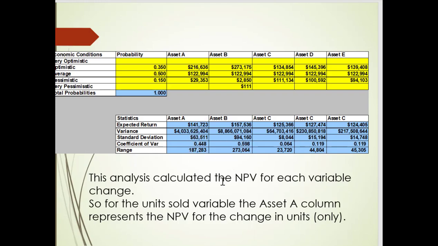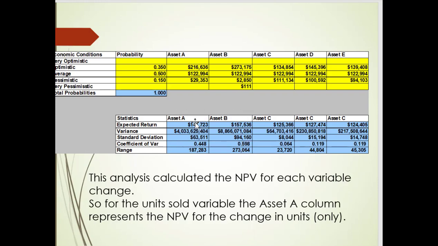So what this tells me as a manager is, certainly we have to be very diligent with our forecasting, but units and price are very, very important variables. The net present value is very sensitive to the values that we input. It's very risky.